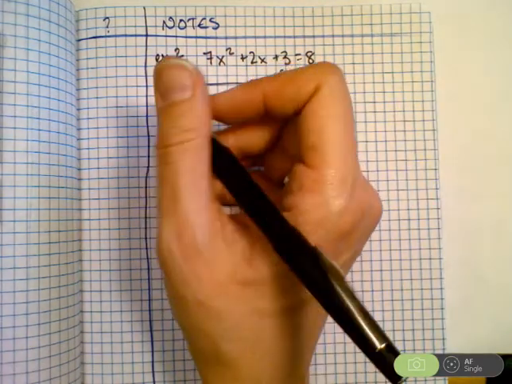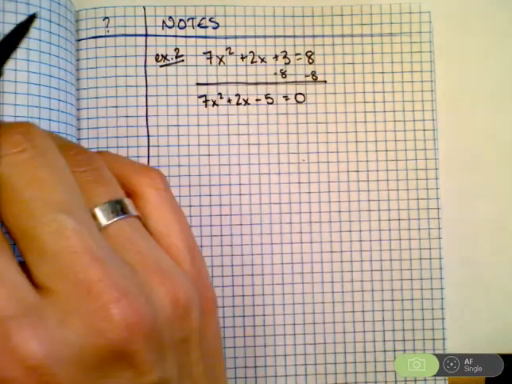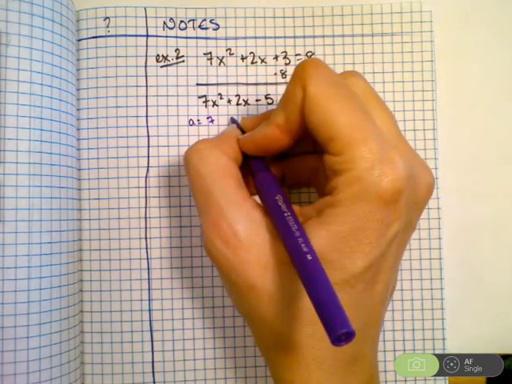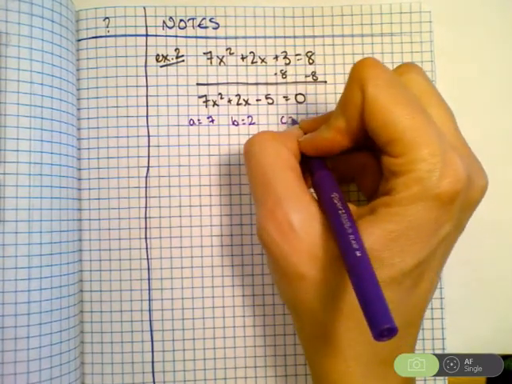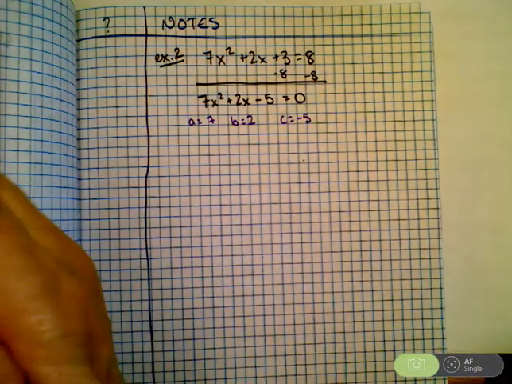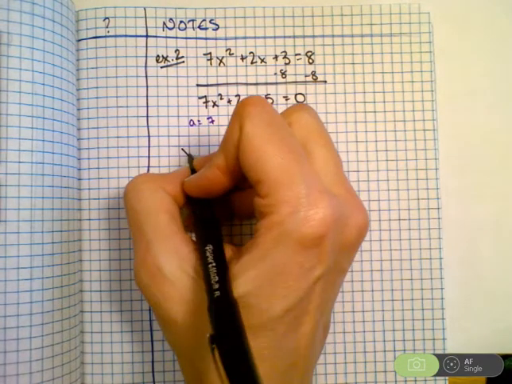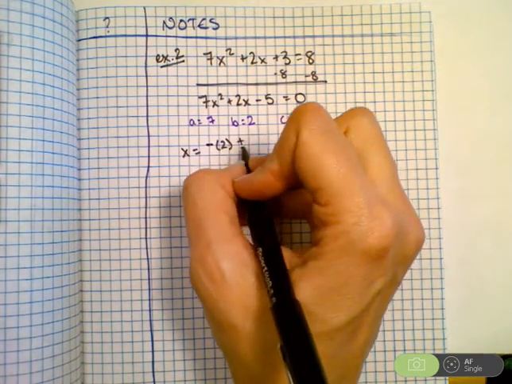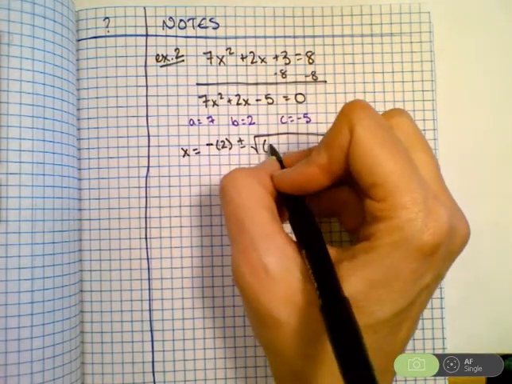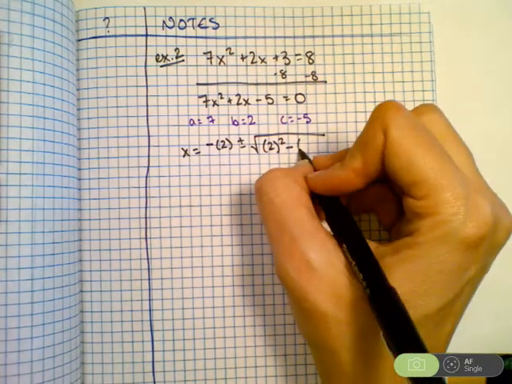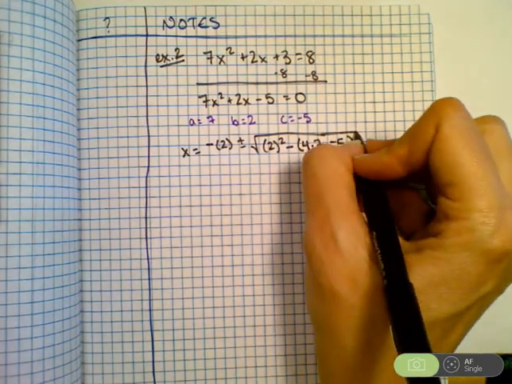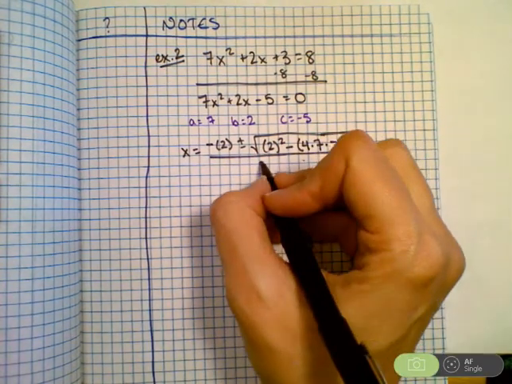Again, I go through and I identify my A, B, and C. So A is 7, B is 2, C is -5. So x equals the opposite of b plus or minus the square root of b squared minus 4 times a times c all over 2 times a.